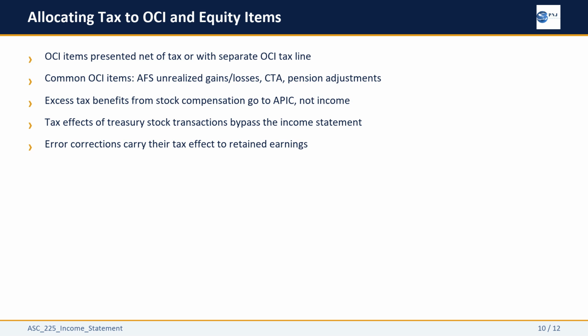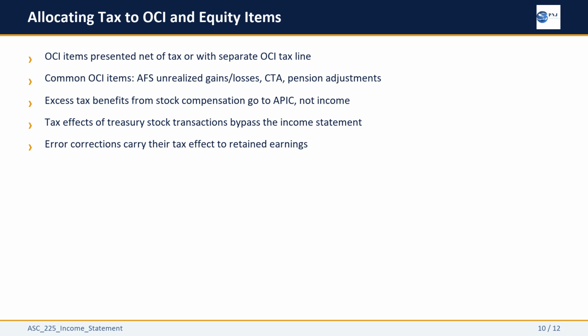Other comprehensive income items each carry their own tax effect. Unrealized gains and losses on available-for-sale securities, cumulative translation adjustments, and pension remeasurement adjustments are all presented net of tax, either with the gross amount netted down or with a separate tax line within the OCI section.